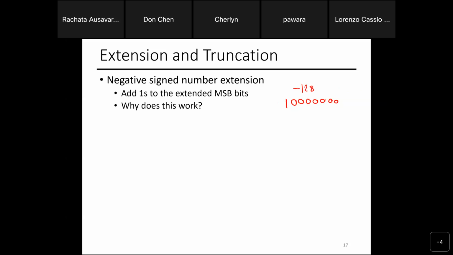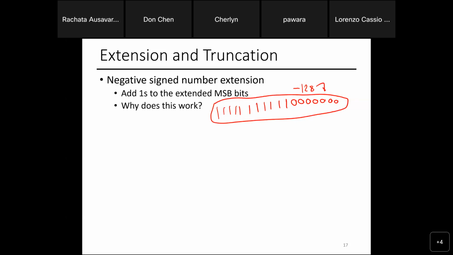The way I do this is I just keep adding 1 to whatever size it is, and it's going to be the exact same value. That's another beauty of the two's complement format, because you can extend the number of ones and you still get the same value back, negative 128.